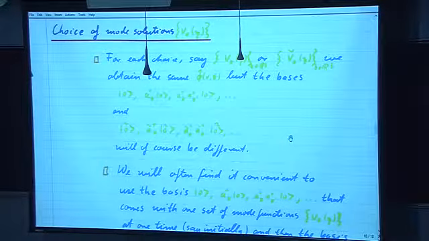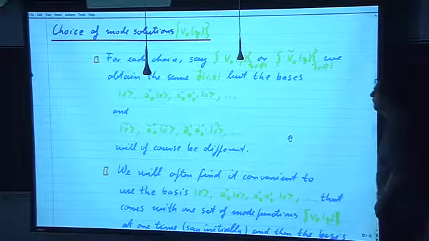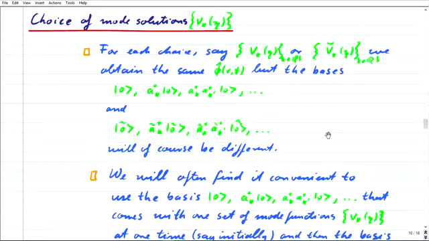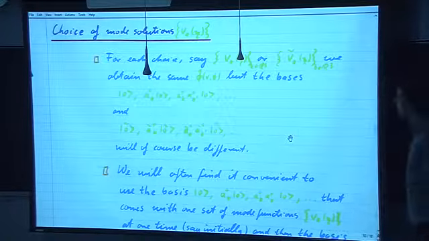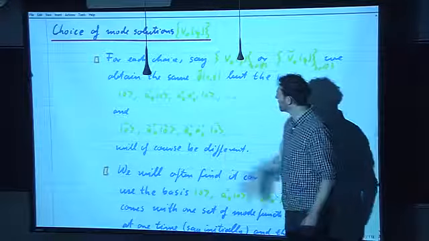However, and that's going to be very important, how shall we choose our mode functions? Remember that there's an ambiguity in this. For each choice, let's say the choice of the v_k or the choice of the v tilde_k, we obtain by Stone-von Neumann the same quantum field.